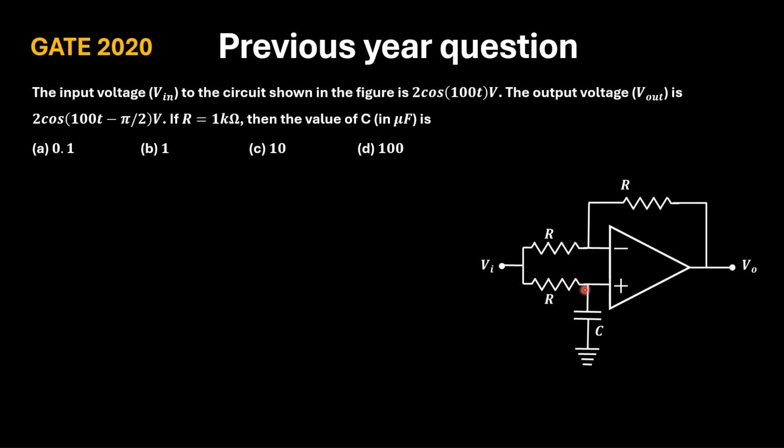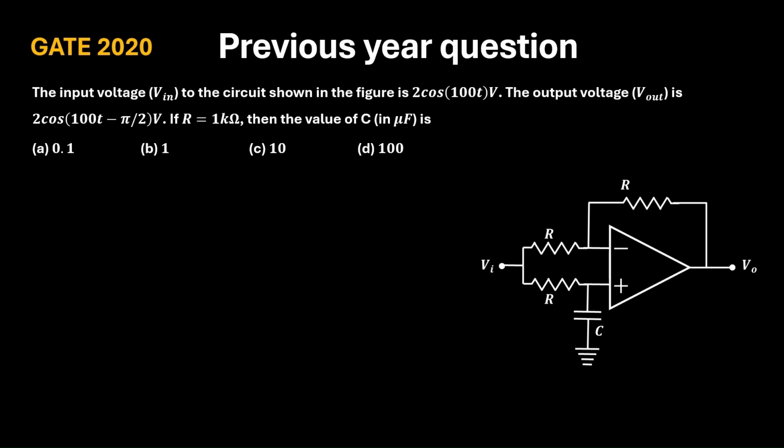And the difference with the circuit which we have analyzed before is that here we have a capacitor instead of a resistor. And in the question, the input is given and the expression of the output is also given. And if we compare the two expressions here and here, we can see there is a phase difference of minus pi by 2.